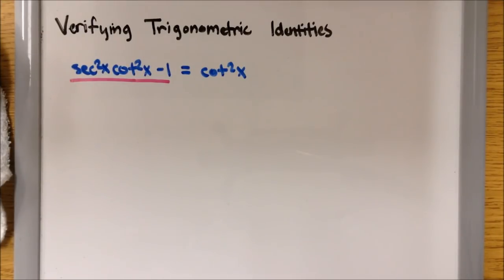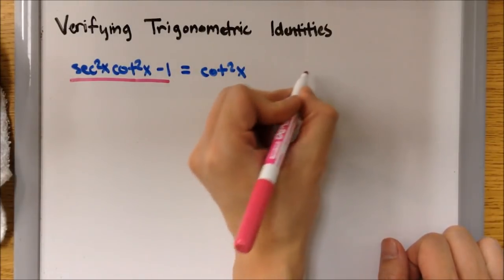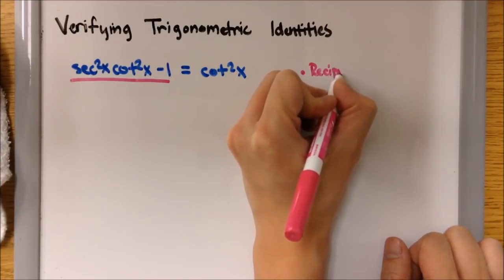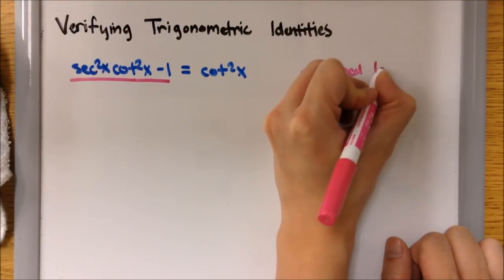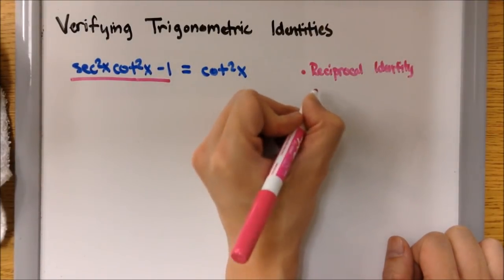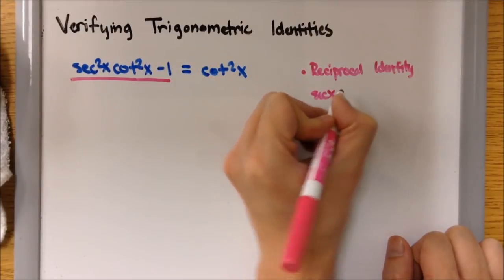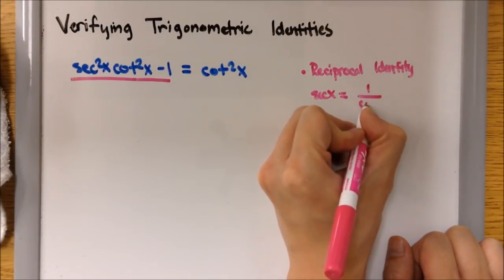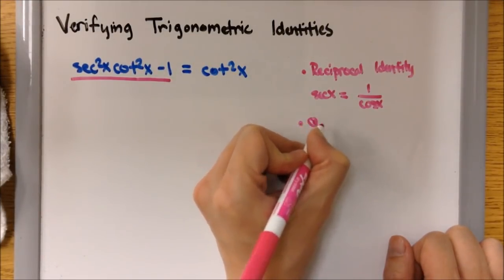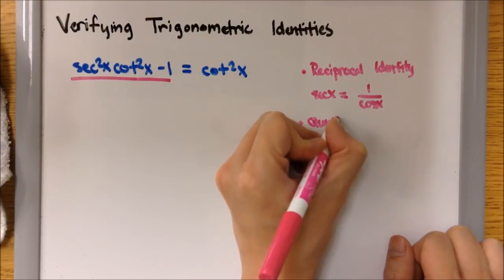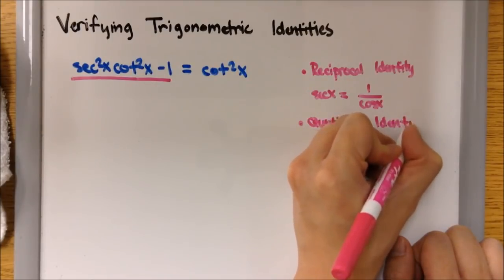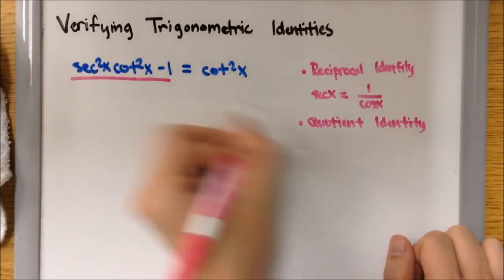So for secant square x, I will use the reciprocal identity. Secant x equals 1 over cosine x. And then I would also apply the quotient identity for the cotangent.